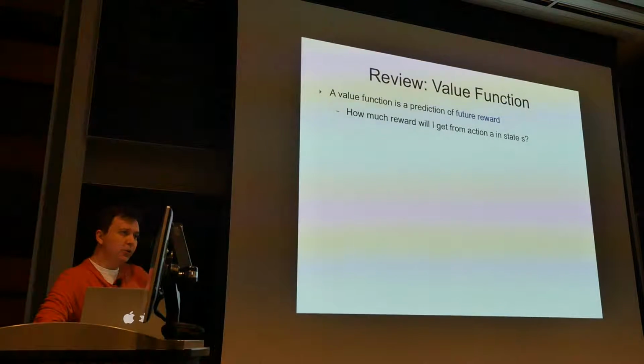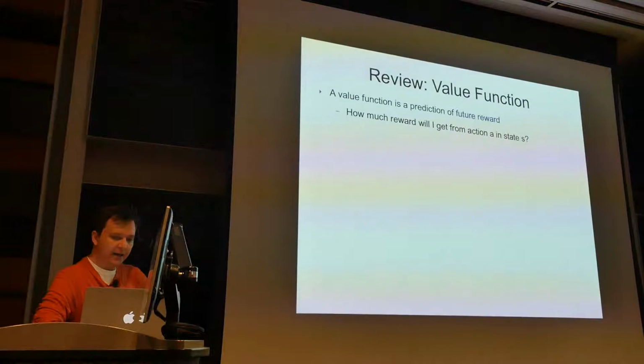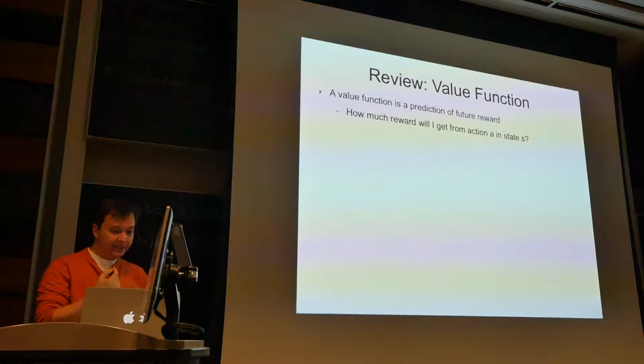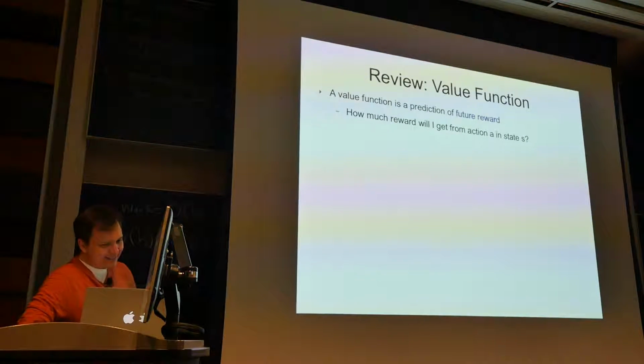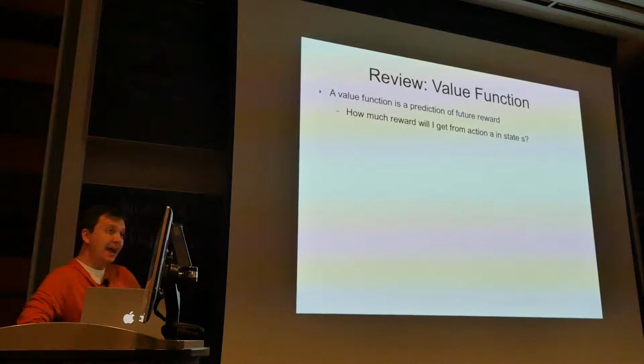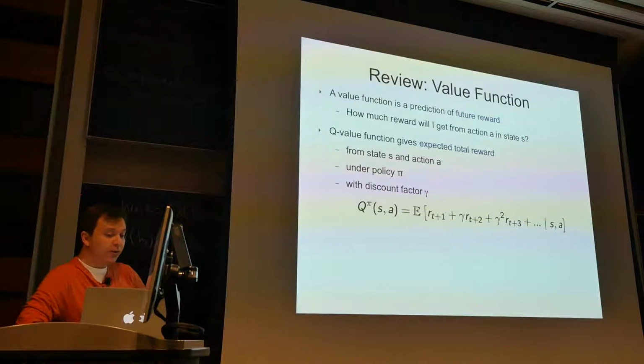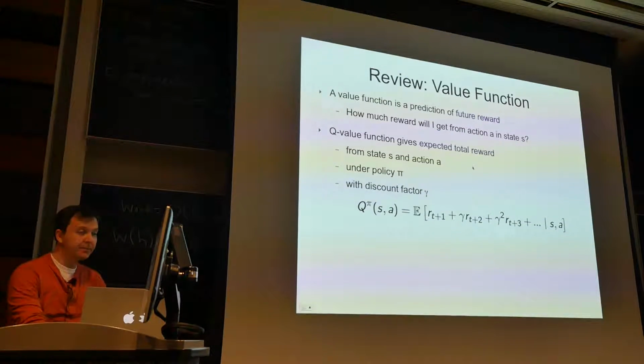Just a little bit of review so that we get back to the RL piece. The value function is really the prediction of future reward. If you think about the value of the state, or the Q function, which is a function of the state and action, it really is telling you how much reward I will get from action A while being in state S. The Q function provides the expected total reward.